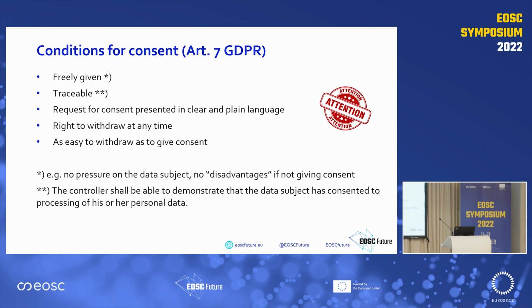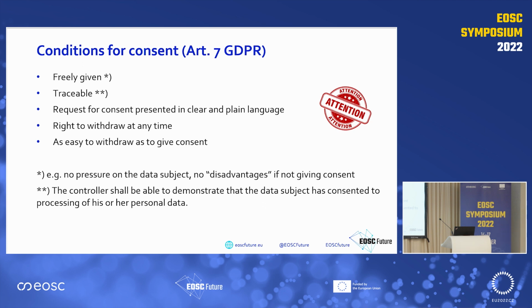If you base a data processing activity on consent, please be aware that the data subject may withdraw that consent at any time with effect for the future. So if you do something which will be very difficult to stop once you started, please make sure you have reflected very well on whether consent is the right legal basis.